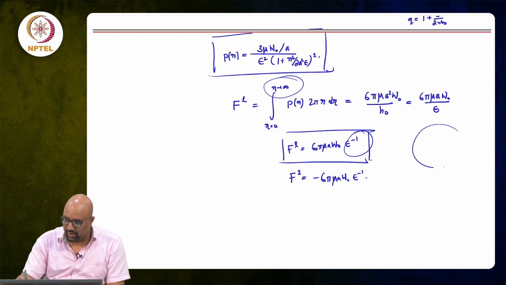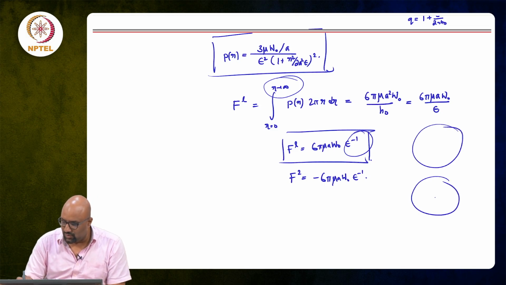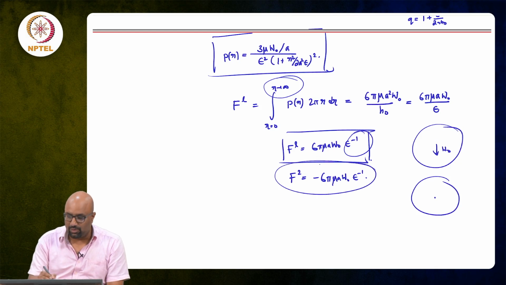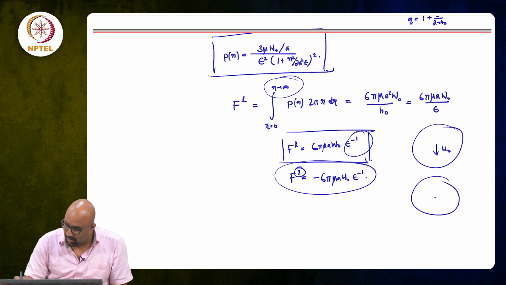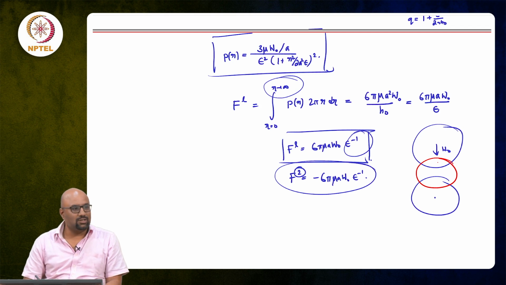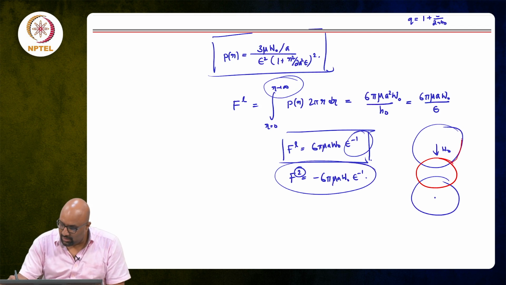So, there is a sphere which is moving towards another sphere which is held stationary, it is moving with w naught, and I find this as the force. What about, so we have only focused on the contribution from this region, that is all we have done, but there is also the remaining part, right.